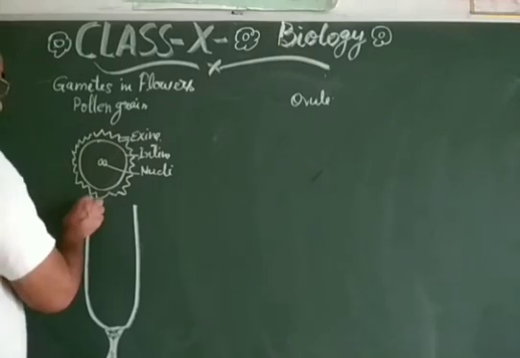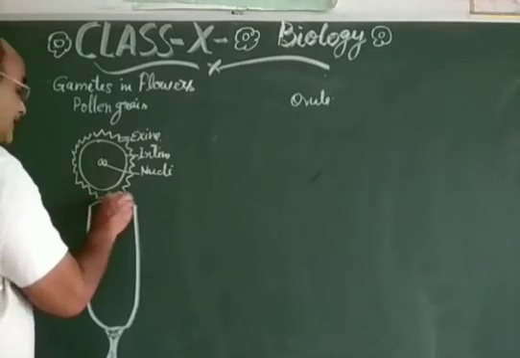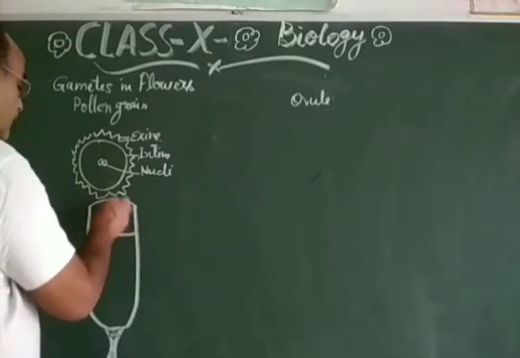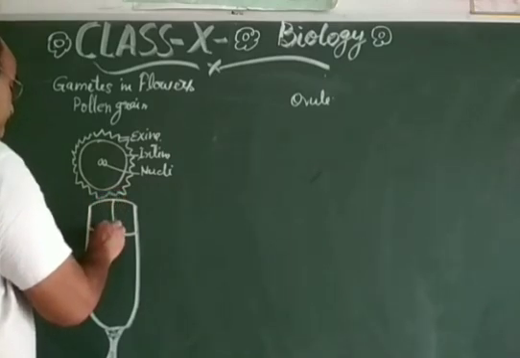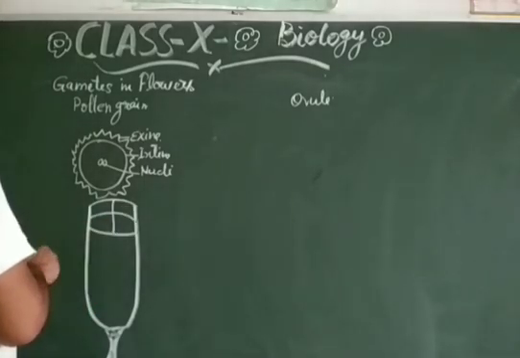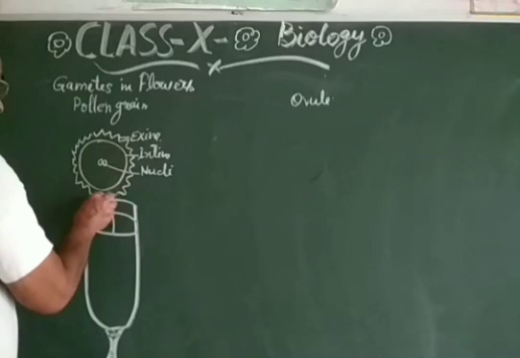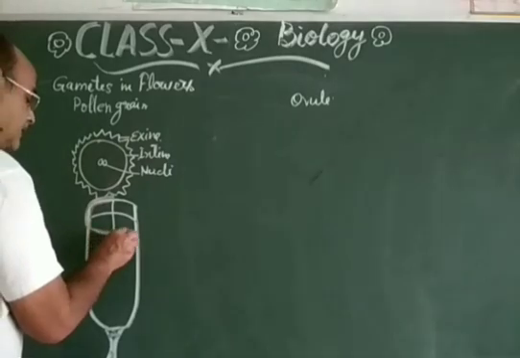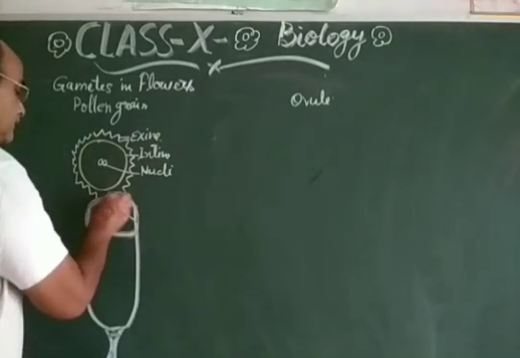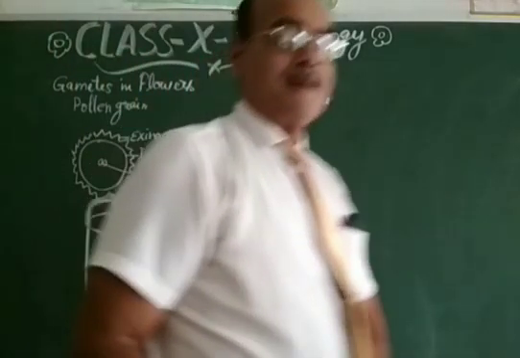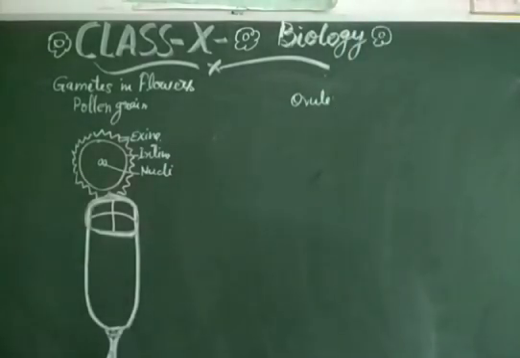So the pollen grains are seen in a tetrad form. This is a tetrad. If you cut this part, you will find that this is a tetrad. This is a pollen tetrad.